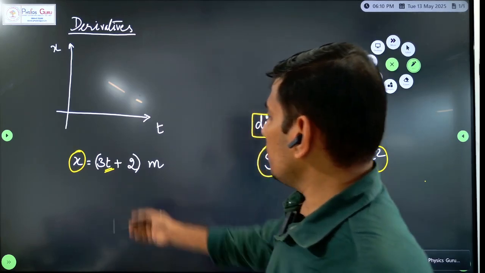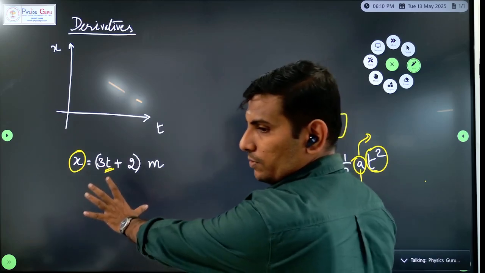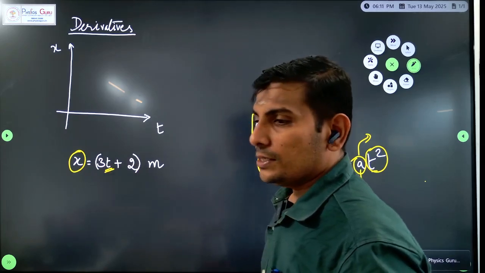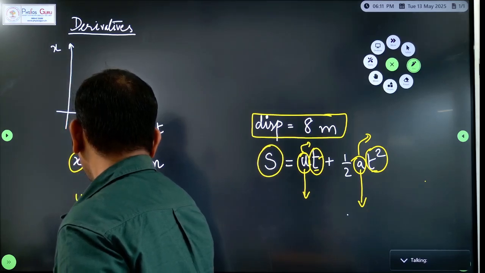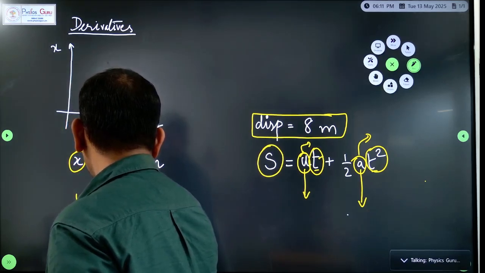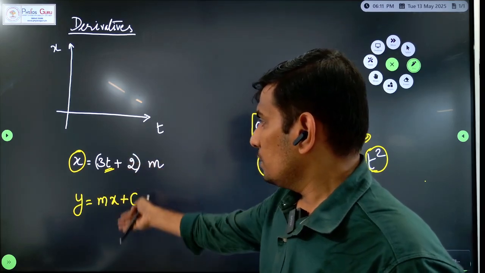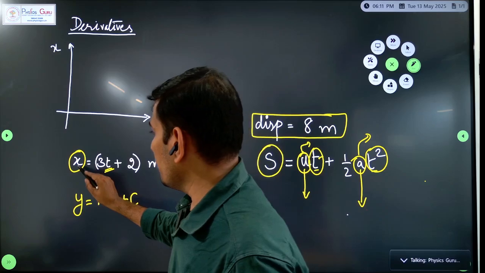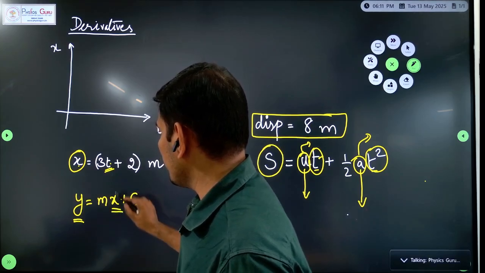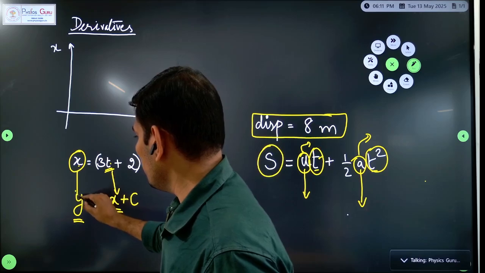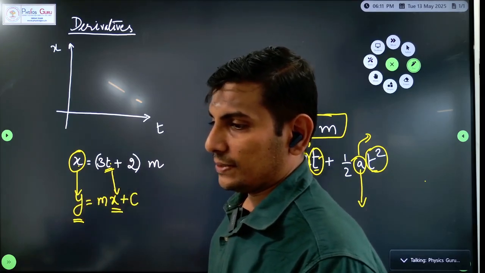Fine. So here I observe this displacement equation, and this equation is in the form of y is equal to mx plus c. If you just observe these two equations, this quantity is on the y-axis, this quantity is on the x-axis. These two quantities are on the x and y axis, correct?